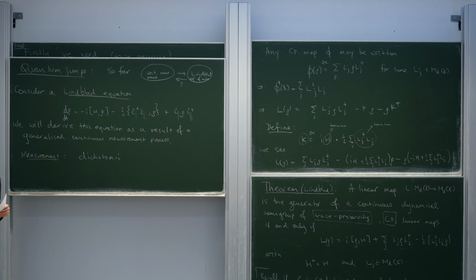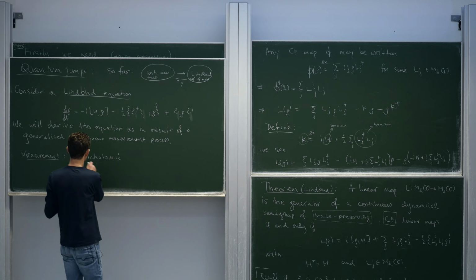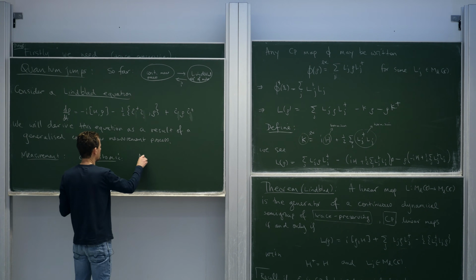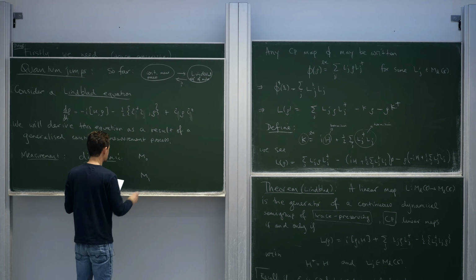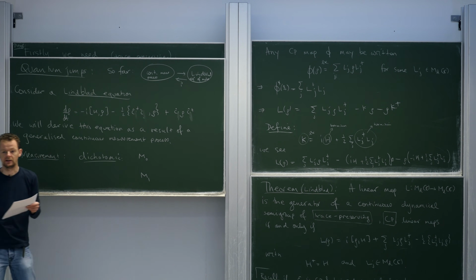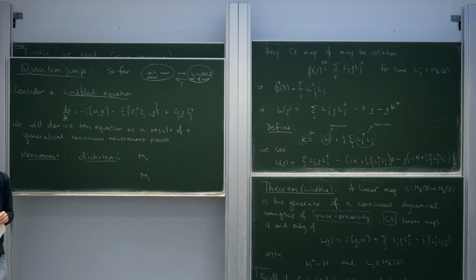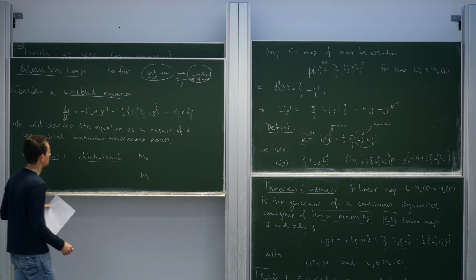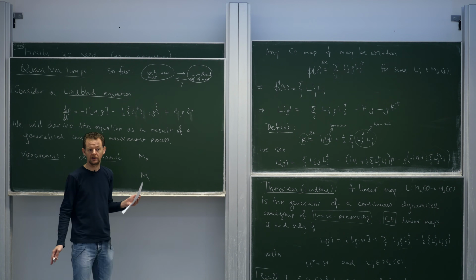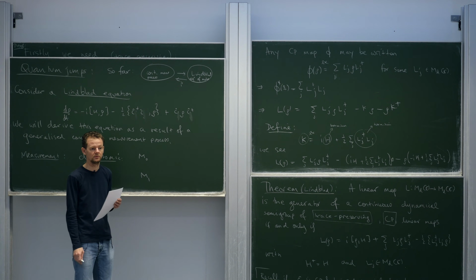There are two outcomes for this measurement process. You either get 0 or 1 when you apply this measurement apparatus on your system. 0 we interpret as no click or no result, and 1 we interpret as click, like some photon counter clicks.